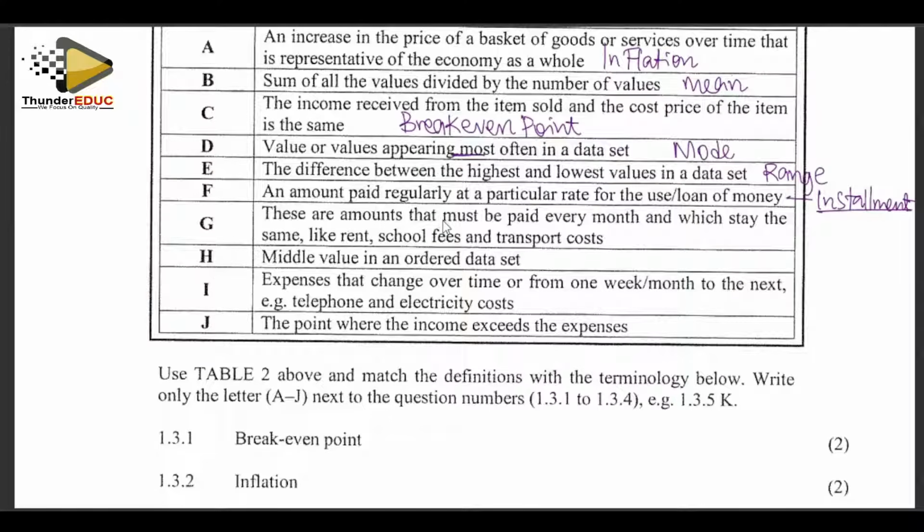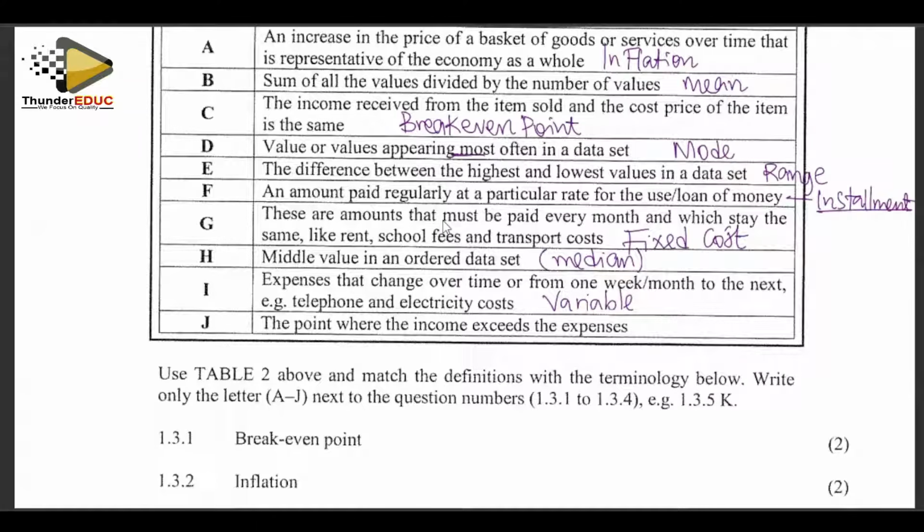All right. These are amounts that must be paid every month and which stay the same, like rent, and these ones we call the fixed costs. Then we come here, middle value. The moment you hear middle value, what do we know? The median. Expenses that change over time, these ones are variable costs.